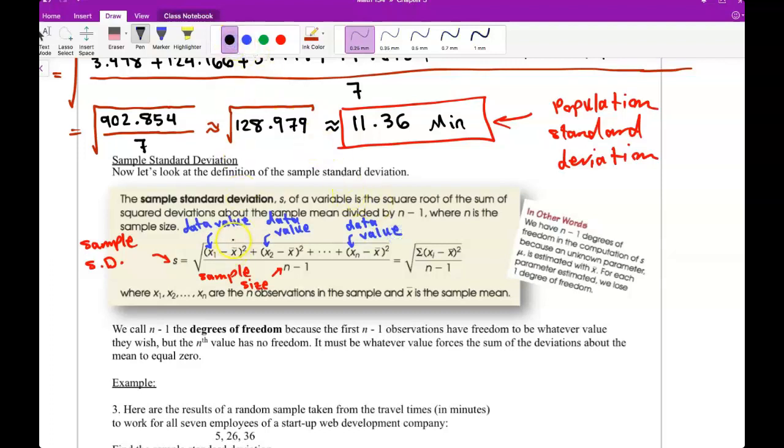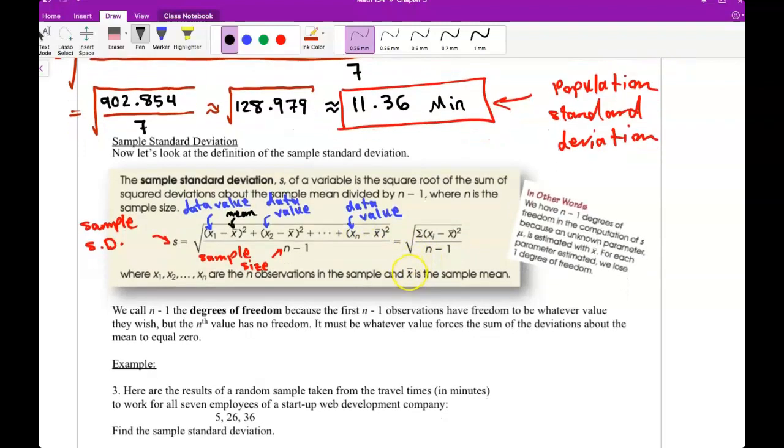And this x bar is mean. Here is mean. Exactly the same thing. Find the difference between mean and data value, and divide by sample size minus 1. So that is the only difference we have.